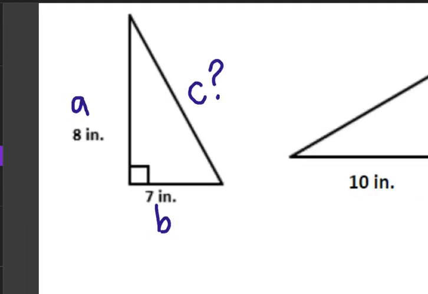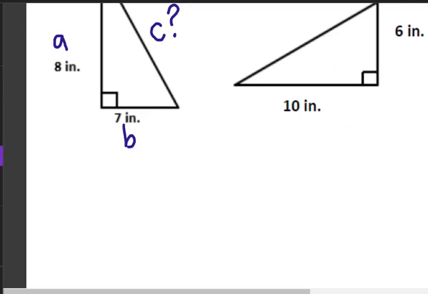Okay, so let's set up our equation for this. We're going to use that Pythagorean theorem, so I'm going to just rewrite it on this first one. A squared plus b squared equals c squared.